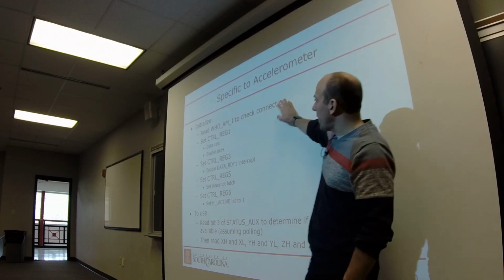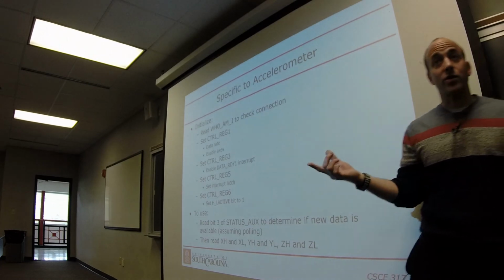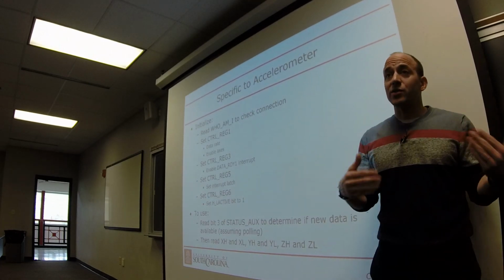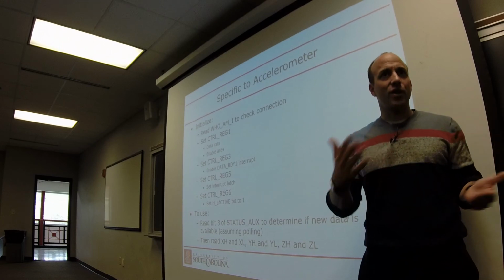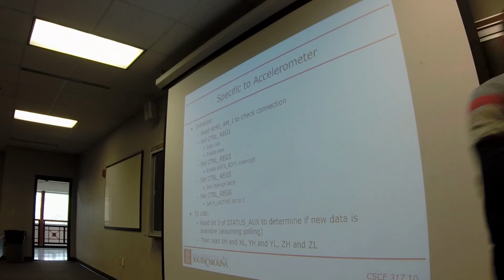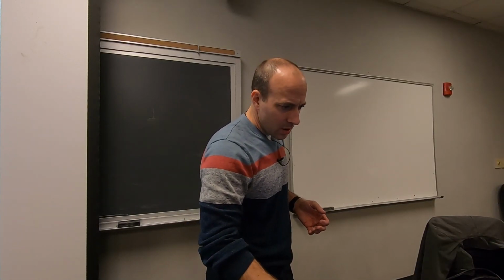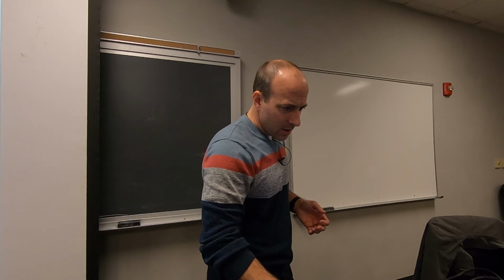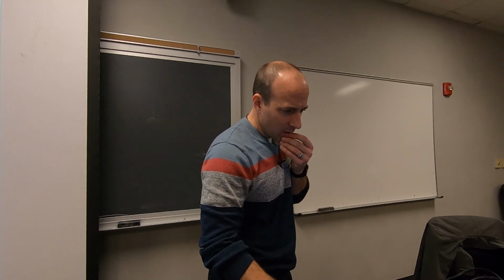Okay, so there's a who am I register that is a read-only register, and it has a fixed value in it, so you can use that as kind of a sanity check to see if your connection is up, right? It's 0x33 that's in there by default. The register address is, oh yeah, there it is.